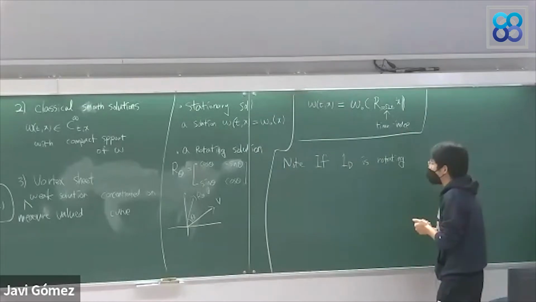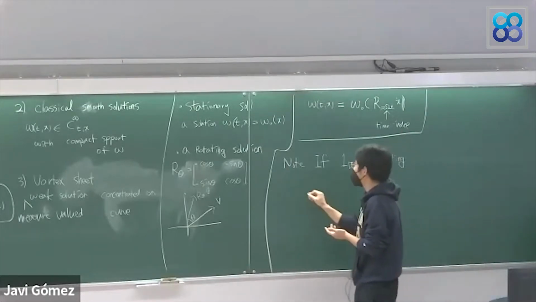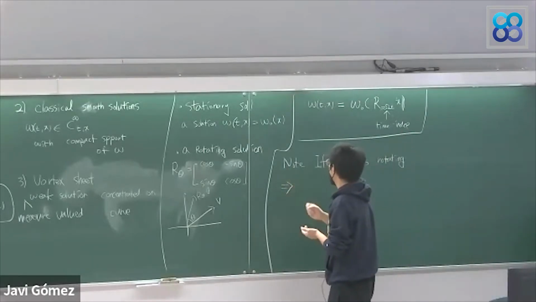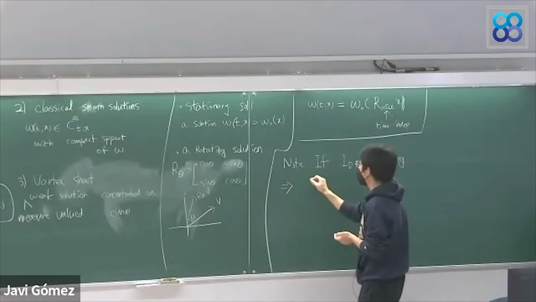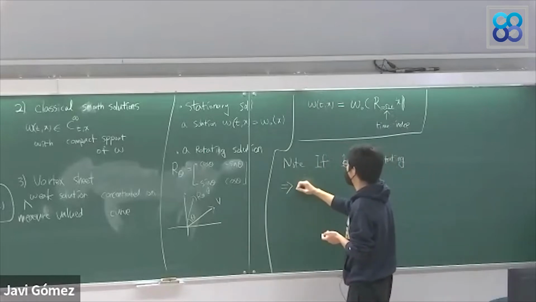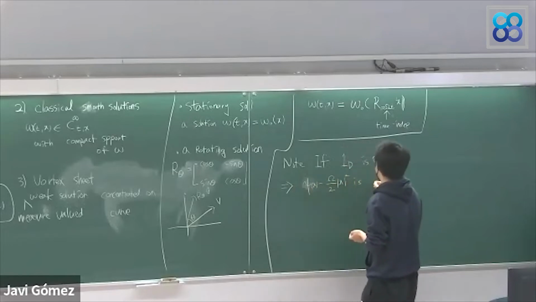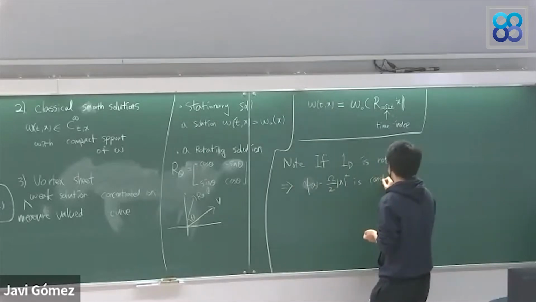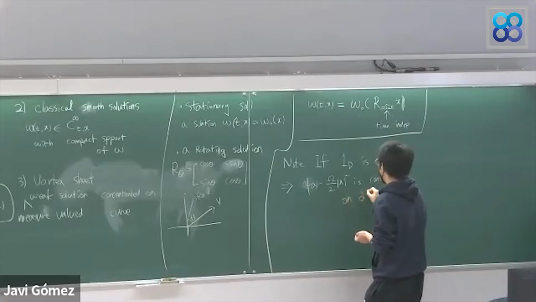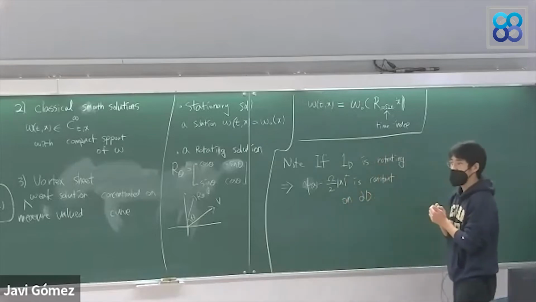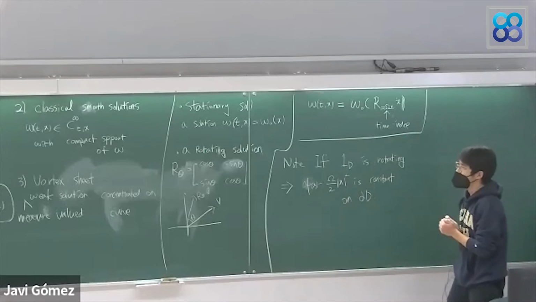So if this vortex patch is rotating, then what one can see is that the stream function minus this one is constant on the boundary of the patch.